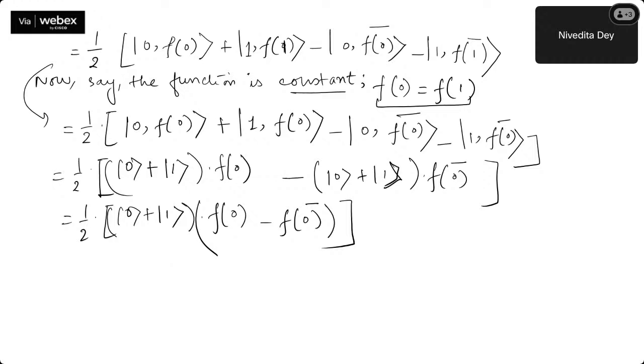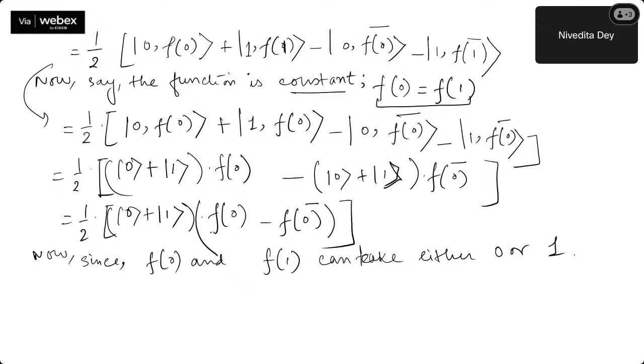Okay. Now since f0 and f1 can take anything, either 0 or 1, and here also, for example, whatever you write, if you write f0 to be 0, it will be 0 minus 1, because f1 will then be 1. And if you write f0 as 1, then it will be 1 minus 0.